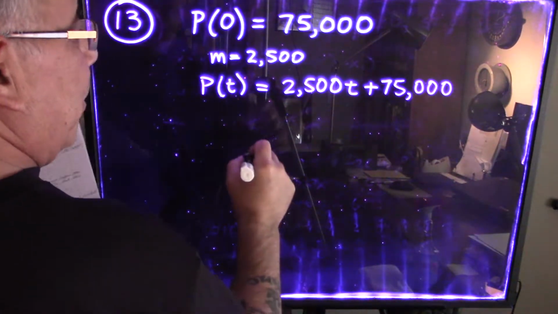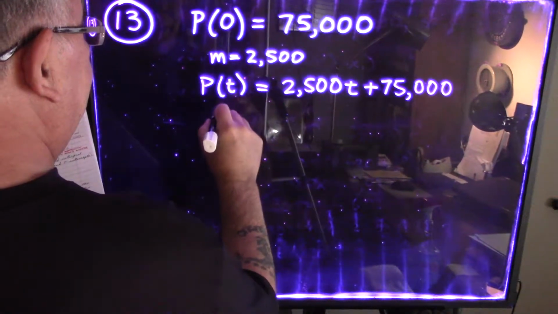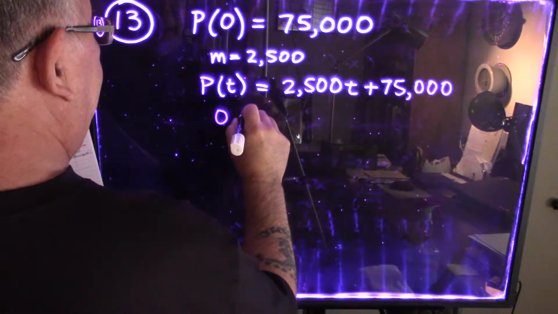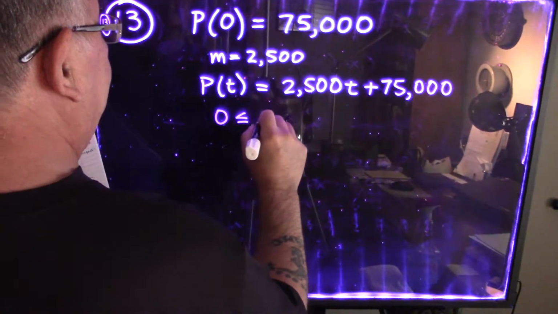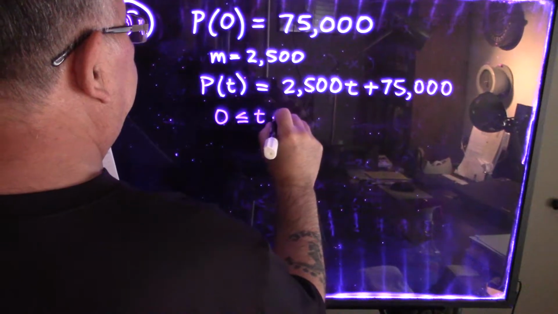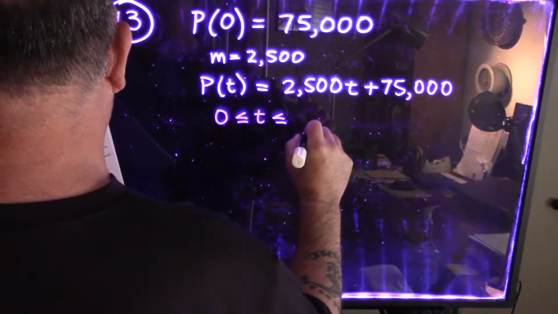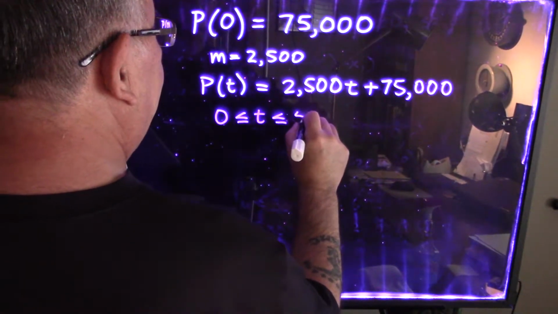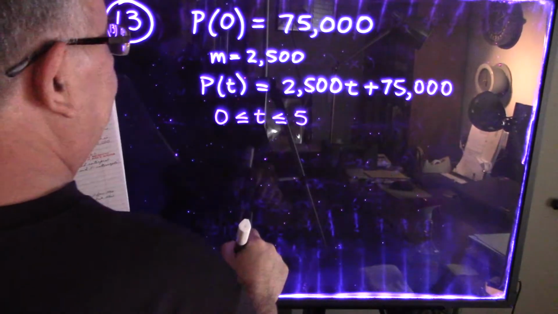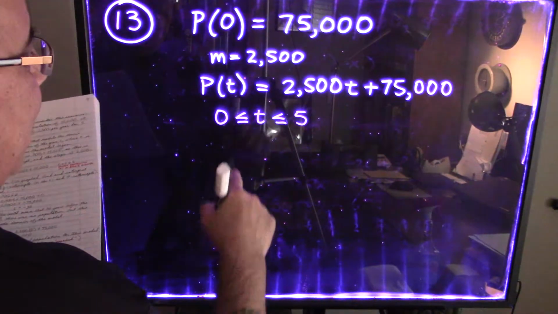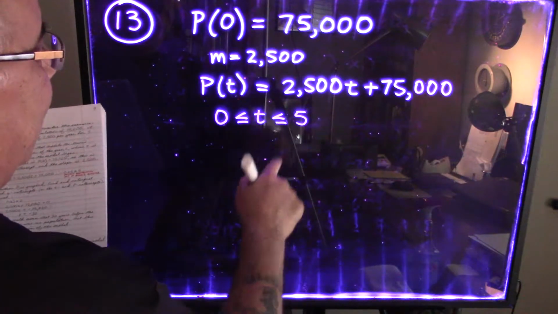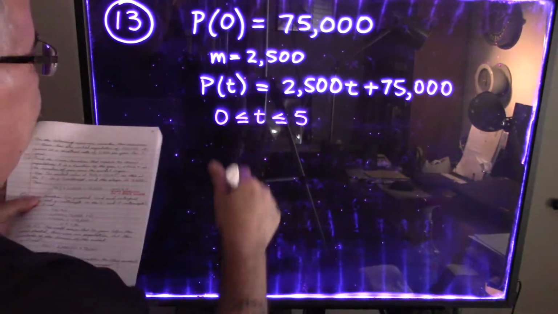And we could put a domain restriction on this. The domain are what are allowed for t's. So we can go from 0 to 5, including 0 and 5, because this model is only valid up to 5 years from the start, from the initial value.